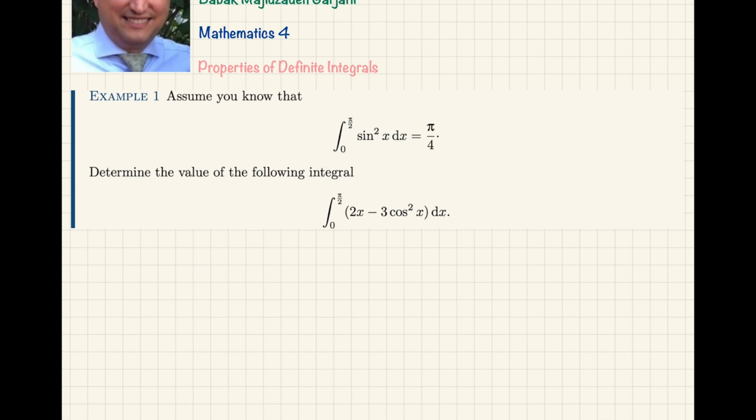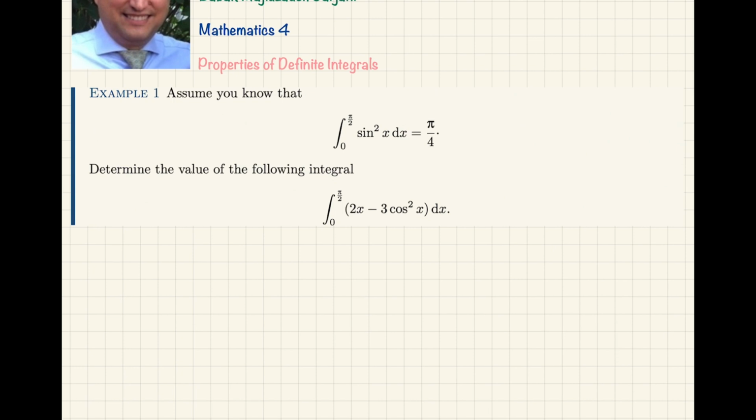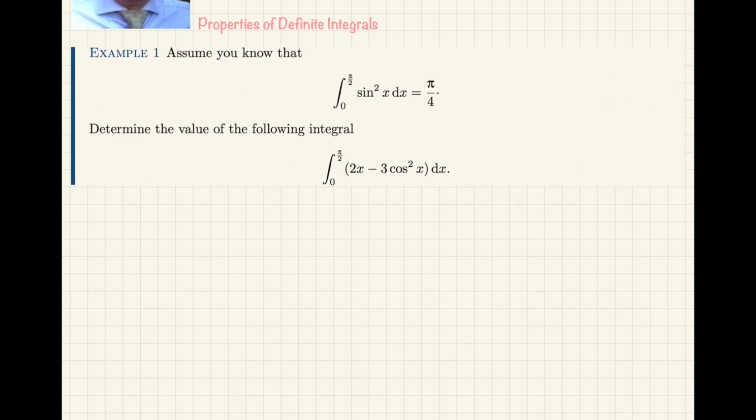I am telling you that assume that someone has already calculated this integral and that person got the answer pi over 4 for that integral. Based on this assumption, can you calculate this definite integral? Okay? So let us see how I can solve this problem if that assumption is given to me.